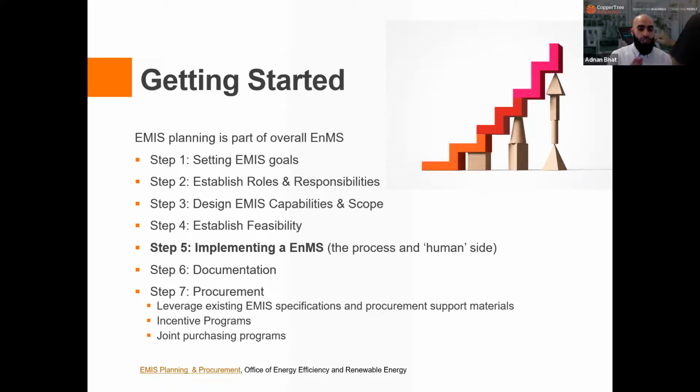For example, the reference I mentioned in this slide by the Office of Energy Efficiency and Renewable Energy, they offer detailed guidelines on how you can get started with planning and procuring EMIS. Other organizations also offer sample templated EMIS specifications and support materials that an organization can leverage and not start in the blind.